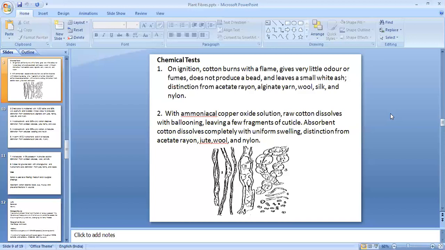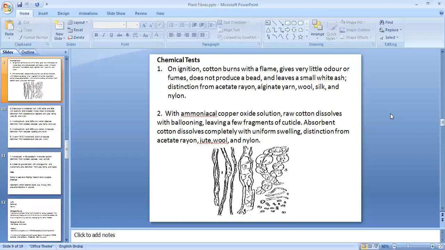In the figure, you can see the first three are the normal fibers of absorbent cotton, and the middle one, after treating with Coaxum reagent, dissolves with uniform swelling.